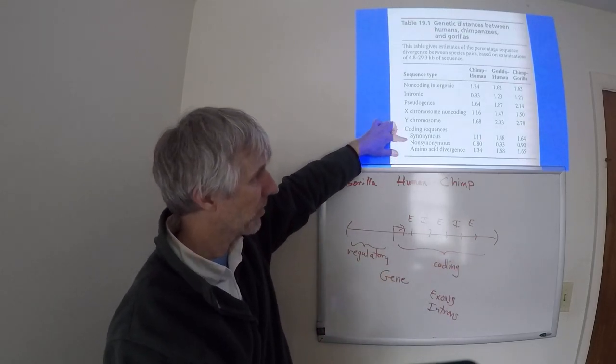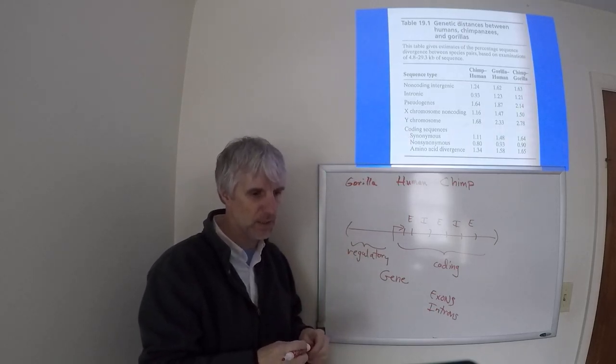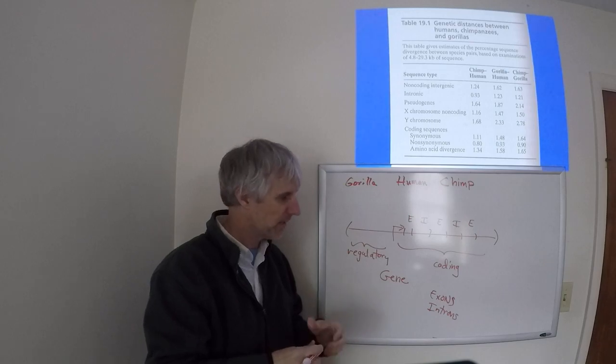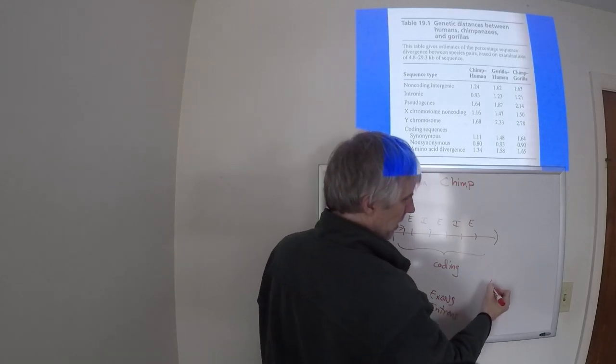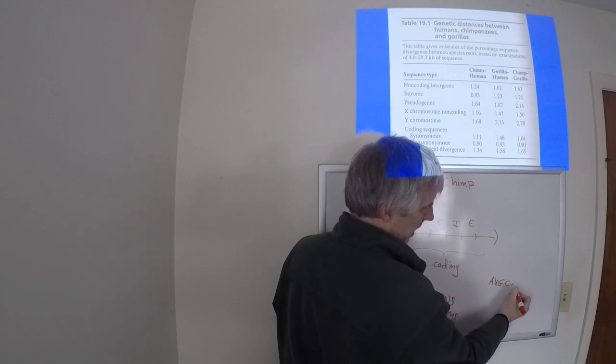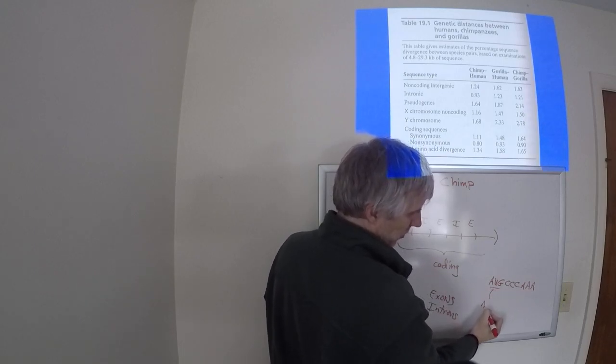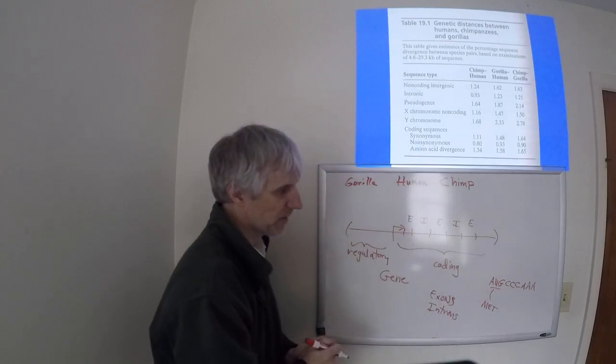Then keep in mind within the coding sequences, we could have differences in nucleotide sequence that occur at the third letter. So, for example, if this is the RNA, that would code for methionine quite obviously.